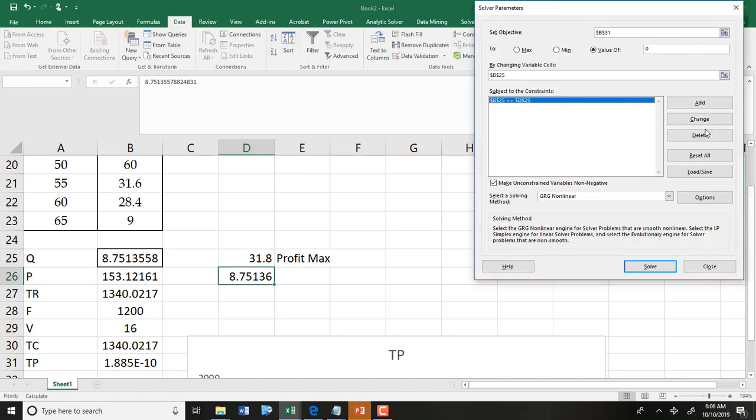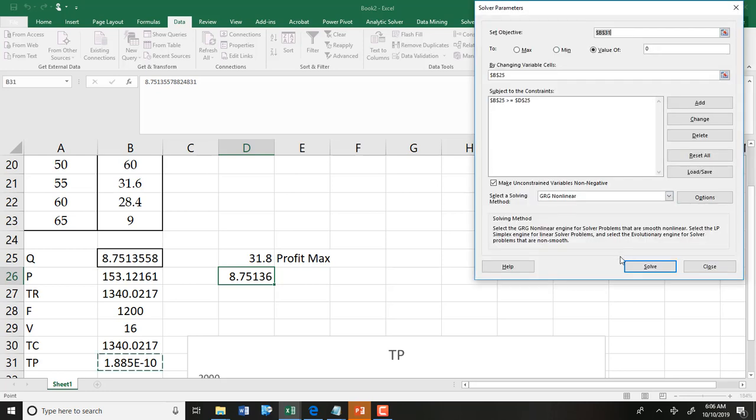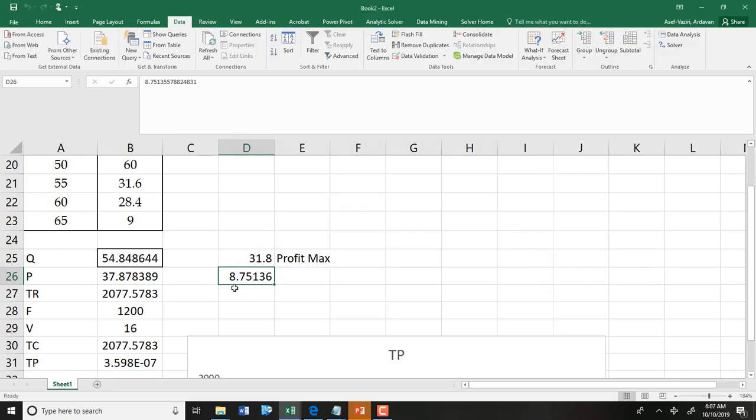I delete this constraint, and again everything is like before, but this time I add a constraint and I say, Mr. Excel, I want this one not to be less than or equal, but to be greater than or equal to this one, which was the point of profit maximization, and that is okay. Therefore, I found the other one.